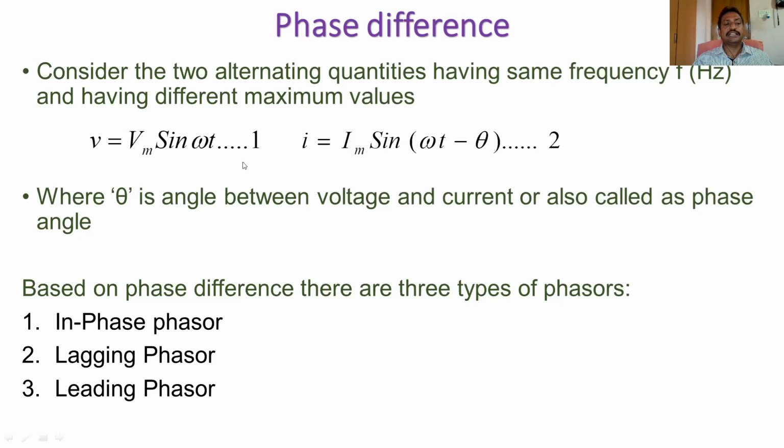Here the current leads V by an angle of 90 degrees. Such phasors are called leading phasors. So we summarize: theta is the phase difference between voltage and current. Based on its value, there are three types of phasors: in-phase phasor, lagging phasor, and leading phasor.